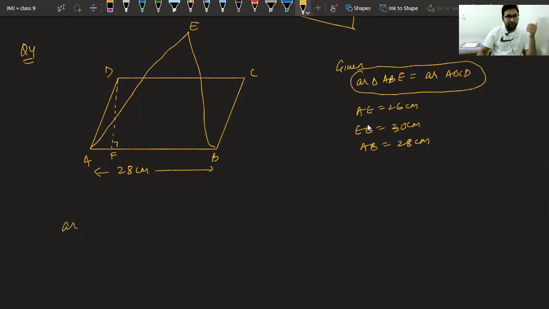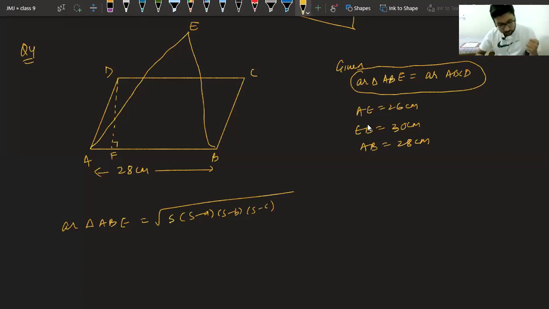First we will find the area of triangle ABE by a simple formula, root of S into S minus A, S minus B and S minus C. Sir, I was saying that only. Okay, Vaishnav, beta. Good. Ananya is saying area of triangle equal to area of parallelogram, and area of triangle upon base is equal to height.